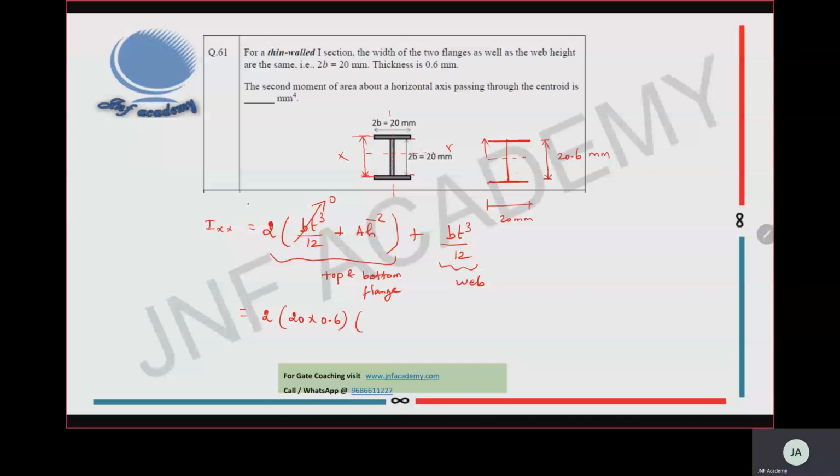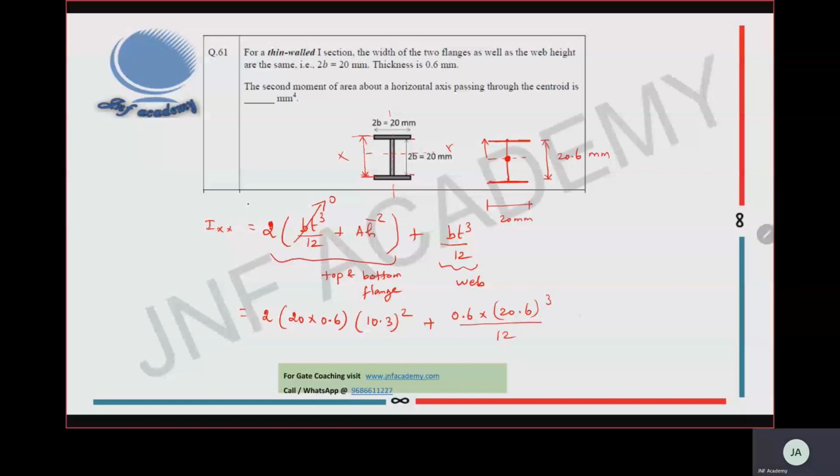okay, this is your global centroid. Here your local centroid will come. So the distance between these two is 10.3 square, plus for the web 0.6 into height 20.6 cube divided by 12.